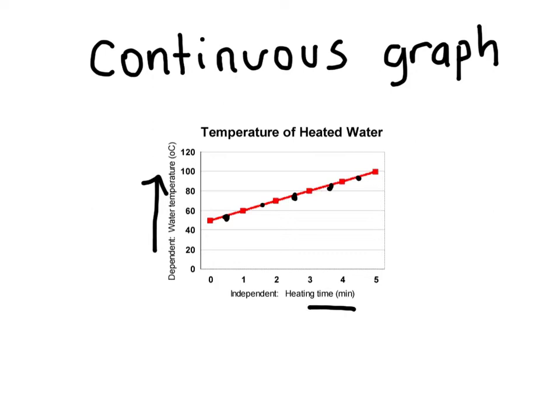I would find 2.5 minutes on my horizontal axis, and then go across and get an approximate value of the temperature of the water at that particular moment in time. So again, this is a continuous graph where every point along that line has meaning.